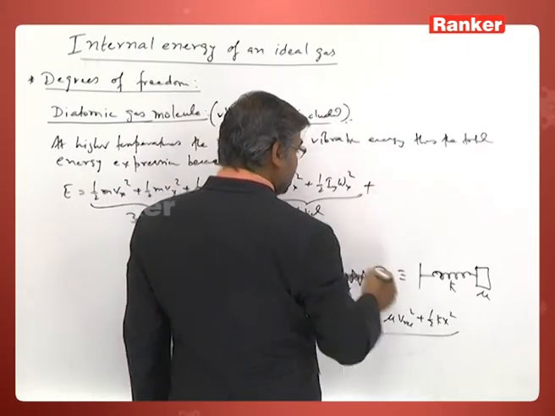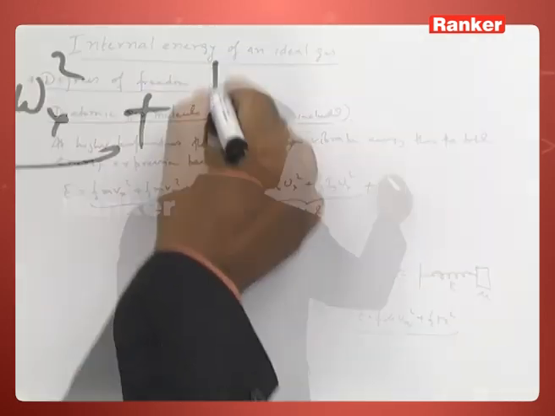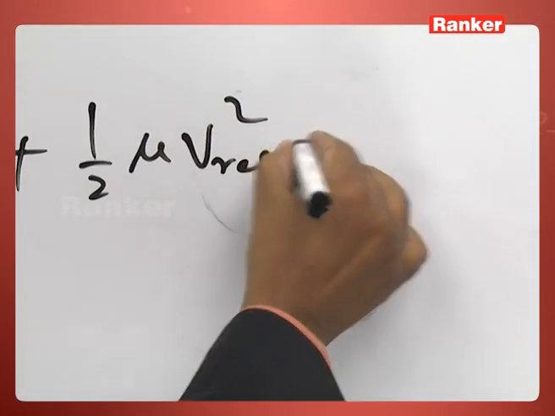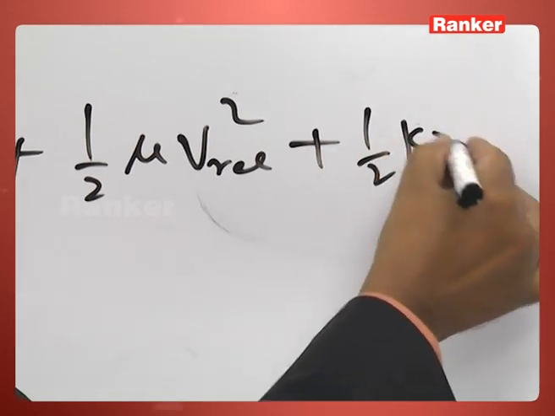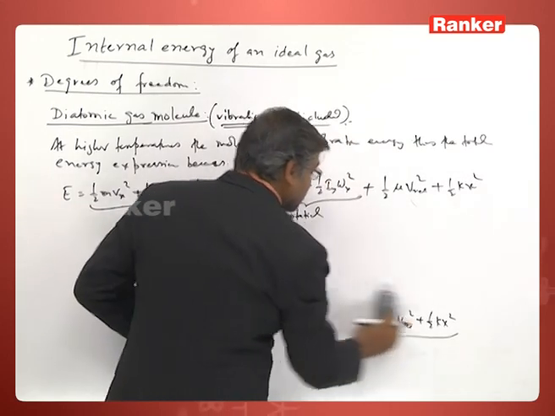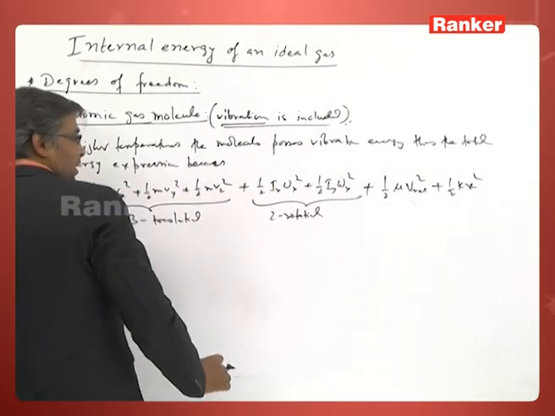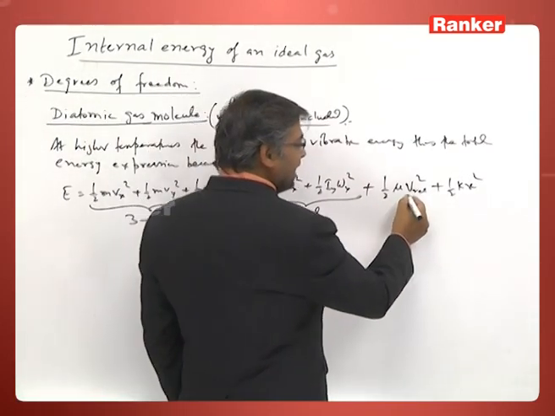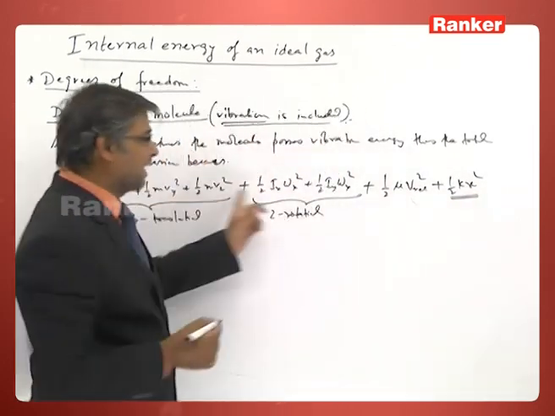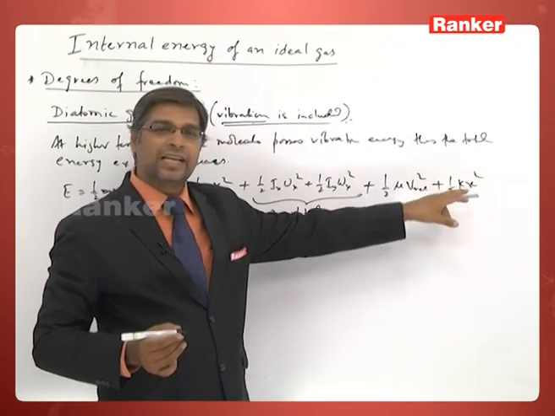So, the total energy due to vibration will be half mu v relative whole square plus half k x square. So, you see, this is not a kinetic energy term. All the other terms are kinetic energy, but this is a potential energy term.